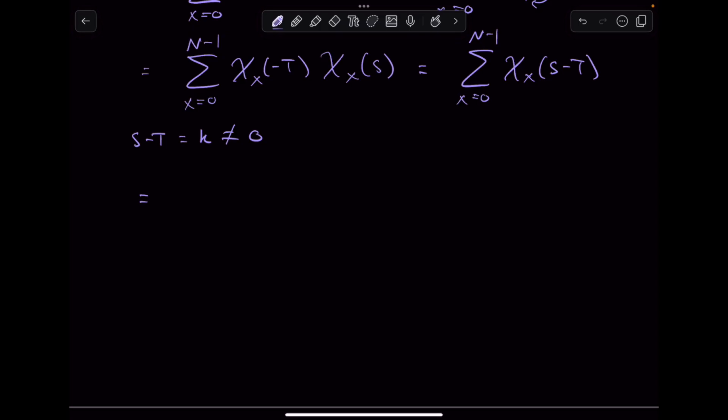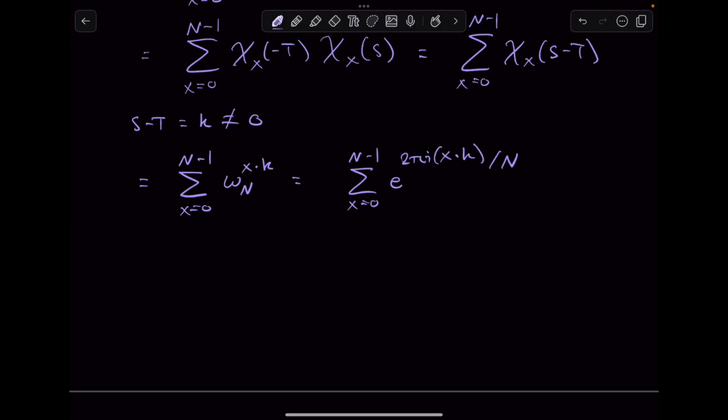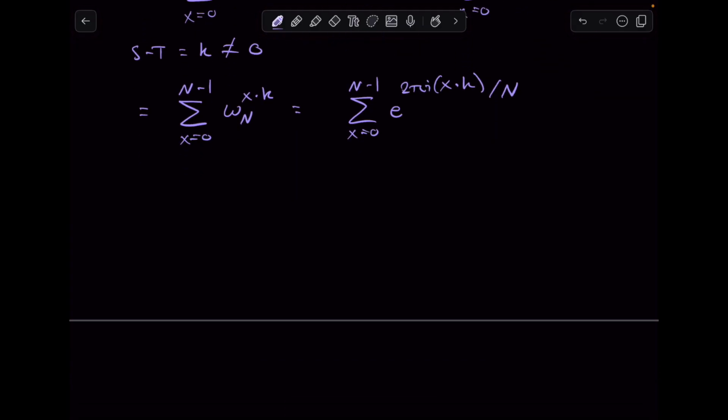So we say this thing is equal to the nth root of unity to the power of x times k, which is exactly 2 pi i x times k over n. And now we can simply use the formula for the sum of a geometric series, and we'll quickly see that this thing is equal to 0.